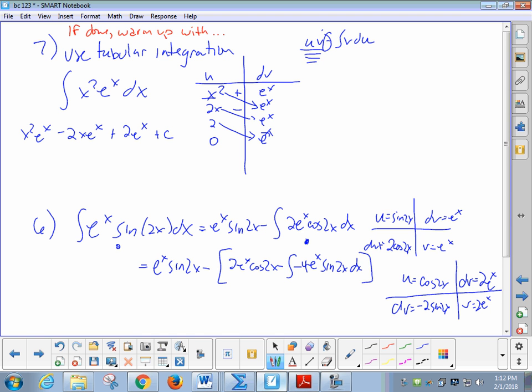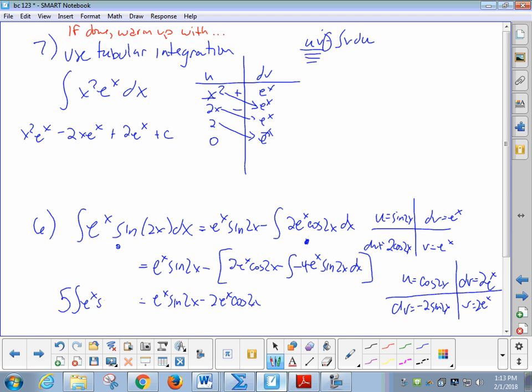Alrighty. When I distribute, this side's cool, and e to the x sine of 2x minus 2e to the x cosine of 2x. When I distribute, overall this guy would be positive or negative? Negative. I have 3 negatives there. So it would be negative, so that when you move it over, I'd have a 5 e to the x.